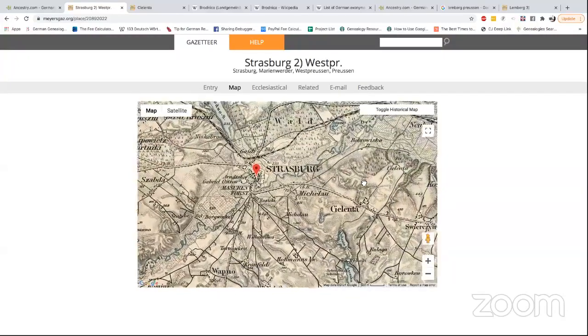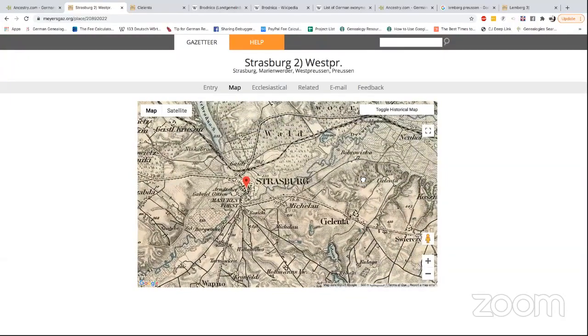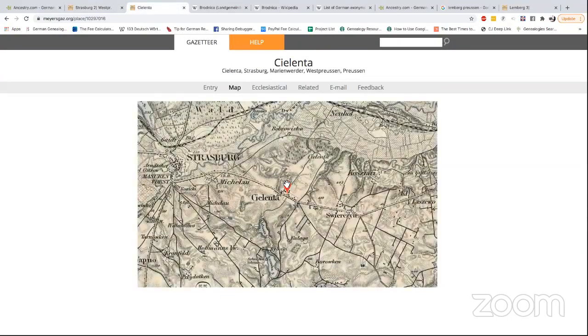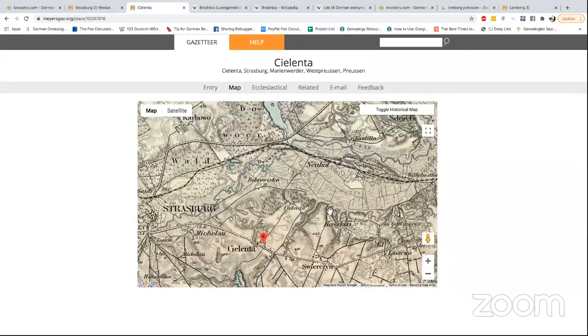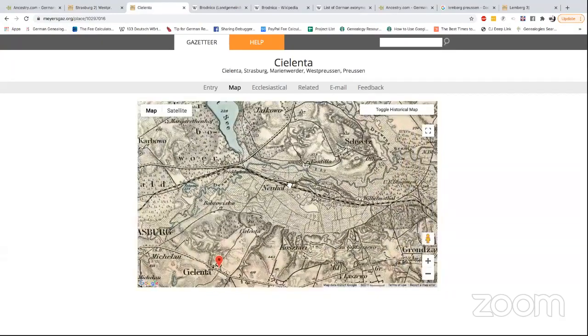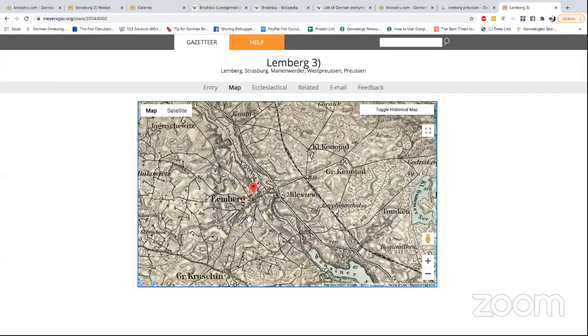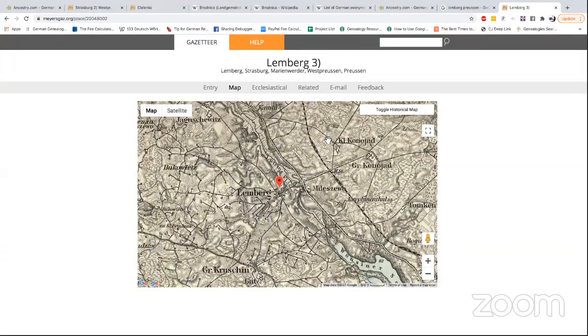So that's why I had to keep looking at different towns and keep pulling up these historical maps and digging them around until I found a town that worked. So Lemberg, in this case, was our trick. Lemberg was close enough to the town where Johann Schreiber was from to pull it up on a map.